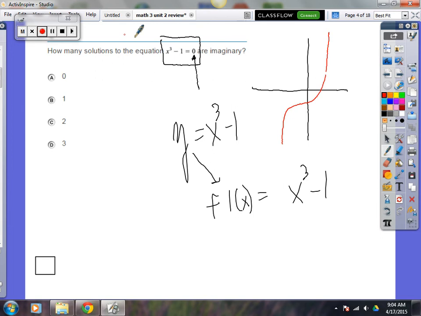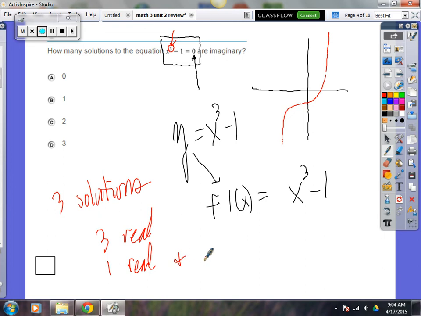Okay, now, because it is a cubic, because the exponent is 3, there are going to be 3 solutions. And here are your options. You can have 3 real, they can all be real, or you can have 1 real and 2 imaginaries.